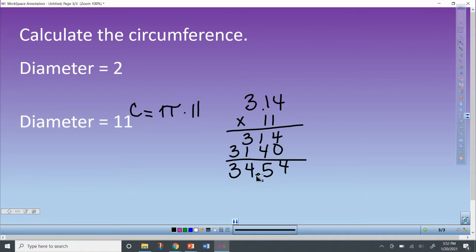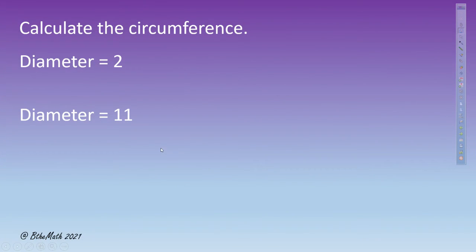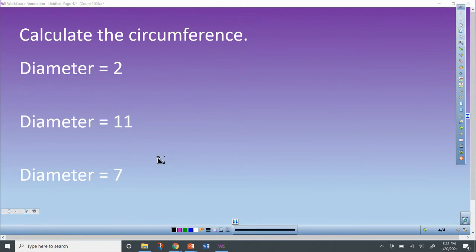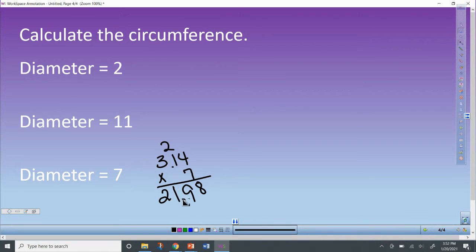So we would get 34.54. And then a diameter of 7. So by now you should know that you're just taking 3.14 and multiplying it times 7. So we end up with 21.98.